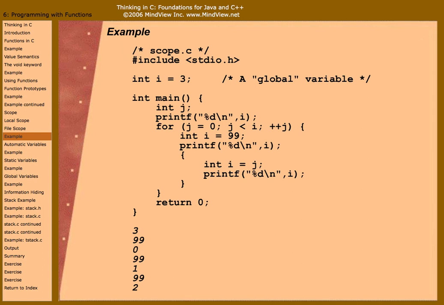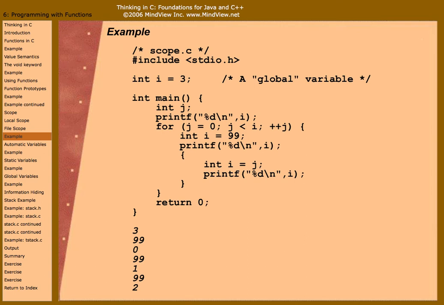Now, it turns out that you can put a block anywhere you want, and you wouldn't do this very often, but sometimes there are reasons for doing this. The only reason I've got is just to show you local scope. So notice that after the printf statement, I open a block, a freestanding block, and I declare another i, yet another i, and I initialize it with the value of j. Well, this is going to be whatever the current loop index is, of course, and then I'll print that out.